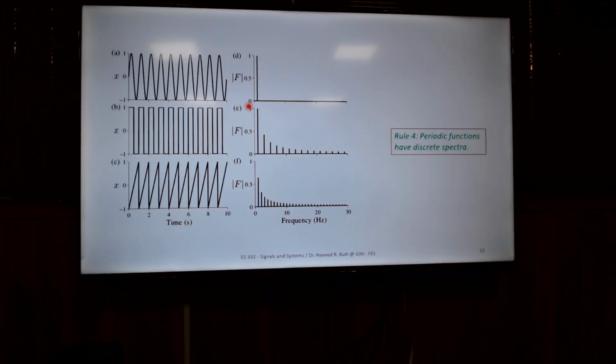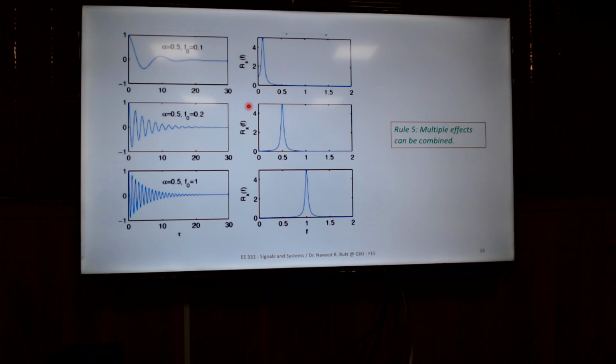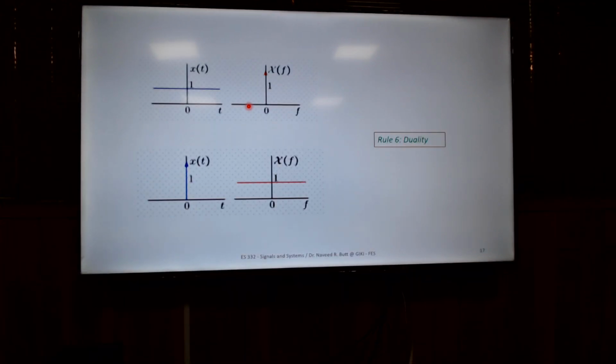Fourth one, yes, periodic functions lead to discrete spectra. Fifth, effects can be combined. Sixth, there is duality in time and frequency, and this is not only true for Fourier; it's also true for Laplace, and Z also actually. But some of them you may have to skip.